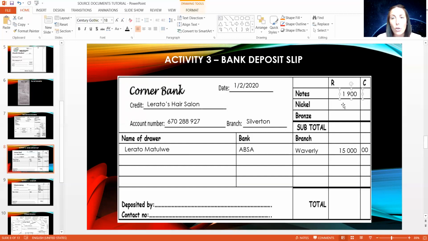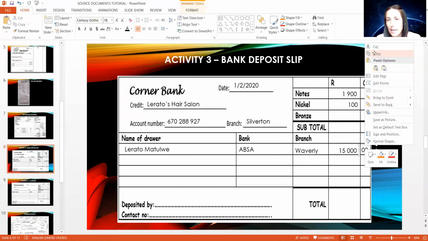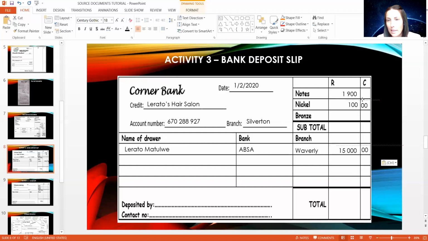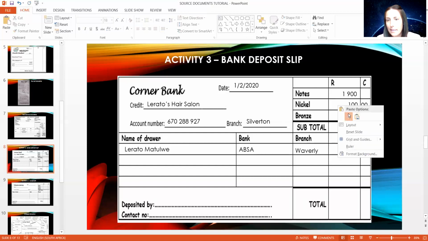And by nickel, we're going to write 100 Rand, because that is for the 5 Rands. So let's do that. So you enter that. Let's just copy the zeros to make it complete.